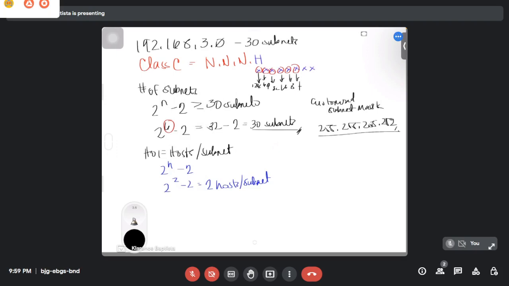So, yan po yung customized subnet mask natin for this problem. Ngayon, we're going to get the valid IP range. Valid IP range for this example, we get the network ID and then the broadcast ID. Okay?